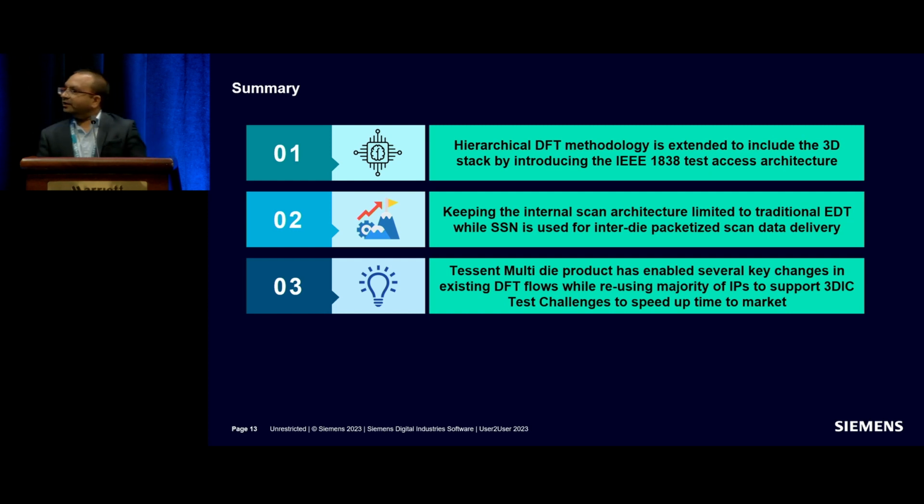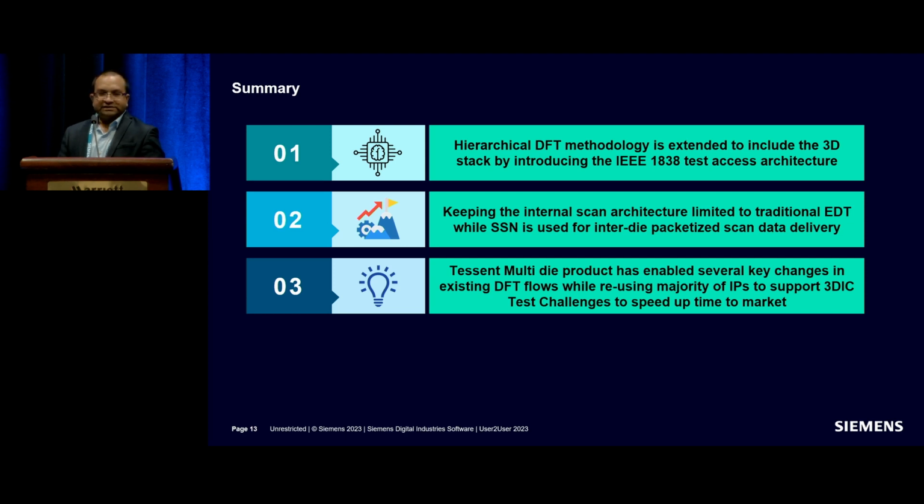So in summary, the current hierarchical DFT flow for the Broadcom APD product line is extended to support the IEEE 1838 test access infrastructure. And we are able to keep the internal scan architecture as traditional EDT for now, at least, to move forward to support our 3D designs.